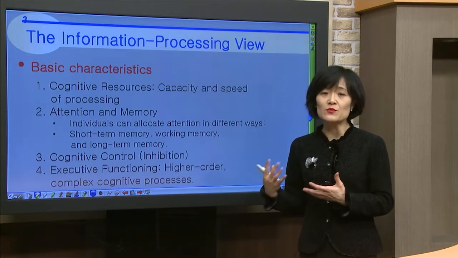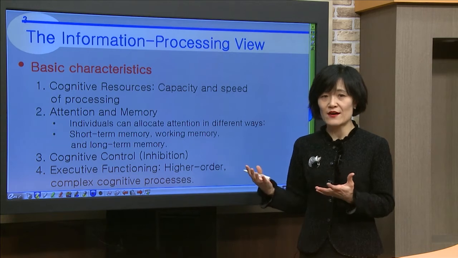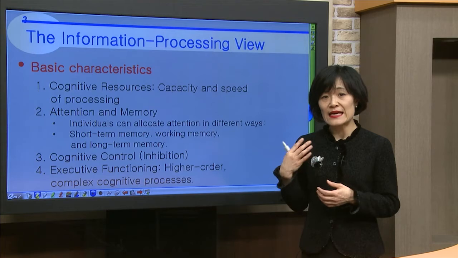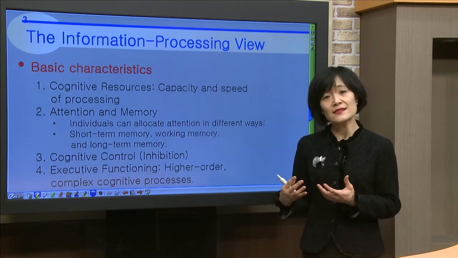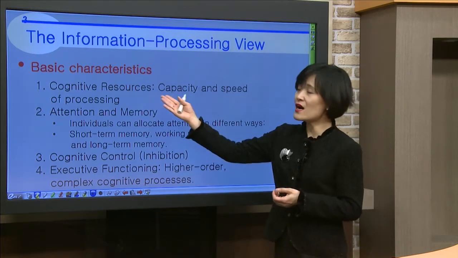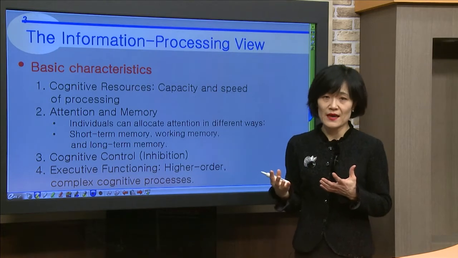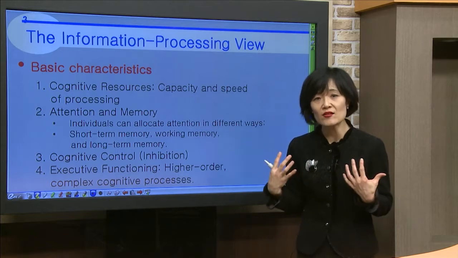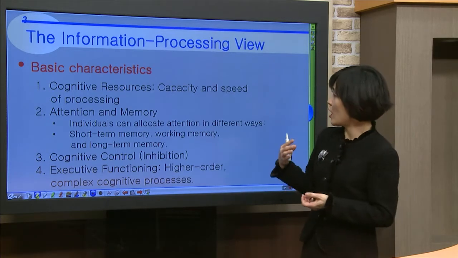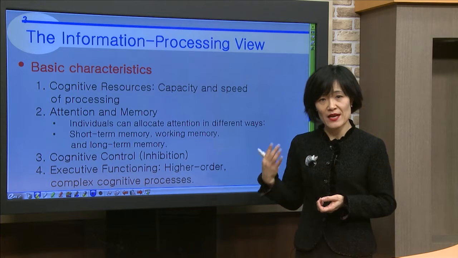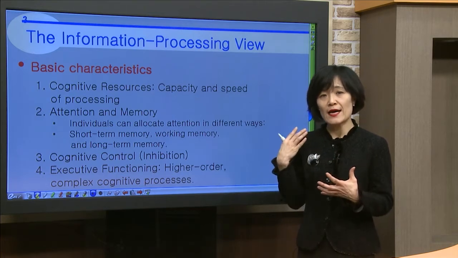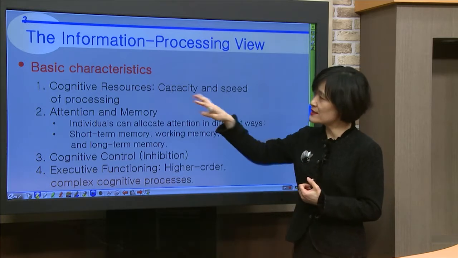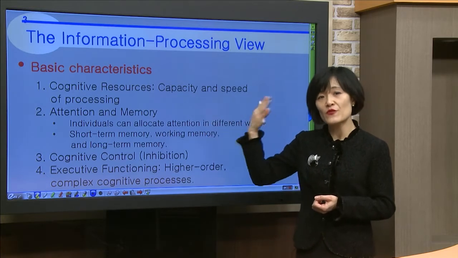How can we explain why students differ in the information they digested during the same class? Maybe we can explain that cognitive resources differ in terms of capacity, how much information they can handle at the same time, or how much speed they have to process, understand, or give meaning to it. So that is a basic characteristic of information processing.